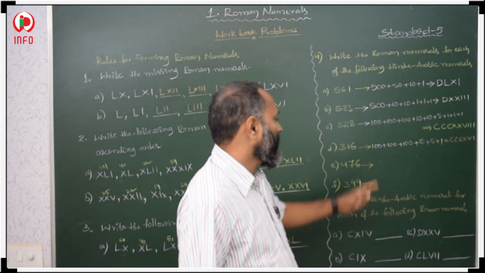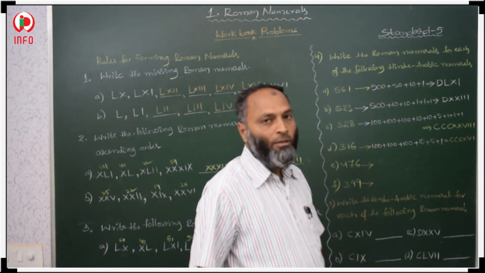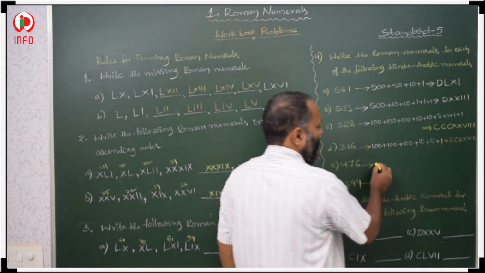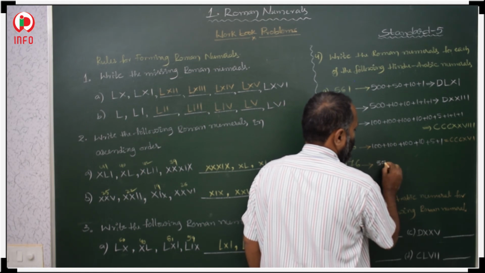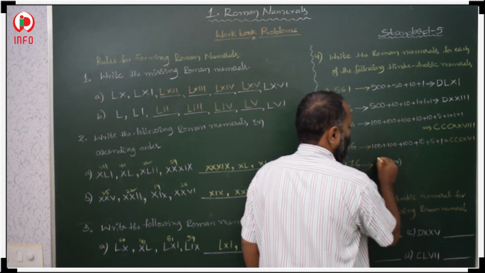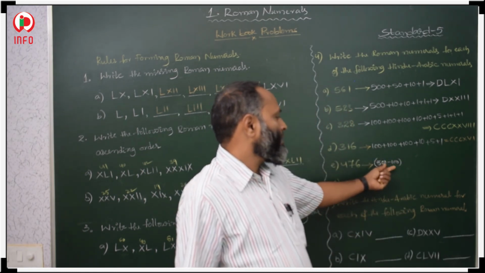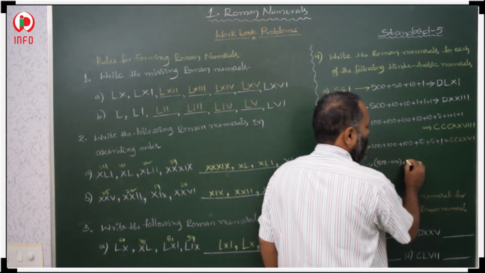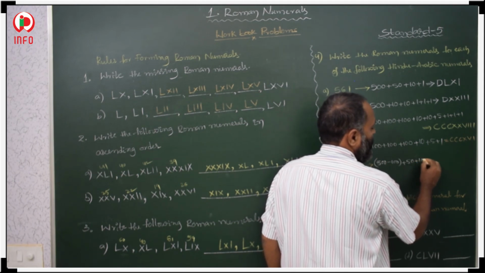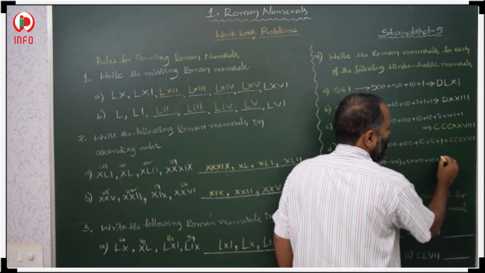Now here, see, 476. How to write it in Roman? First you take 500 minus 100, that is 400. Now we have to write 76. How to write 76? 50 plus 10, 60, 60 plus 10, 70, 70 plus 6, which means 5 plus 1.